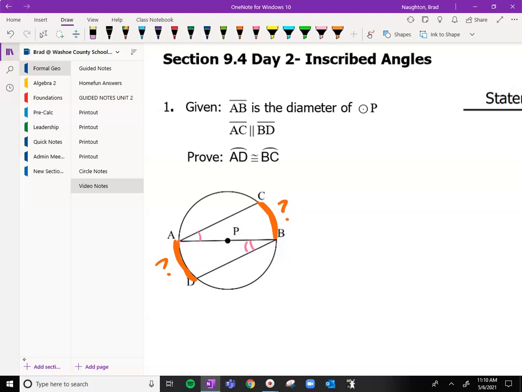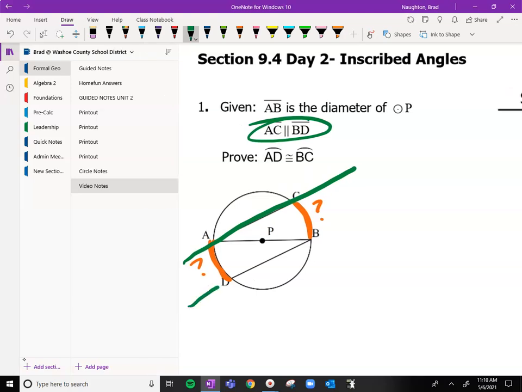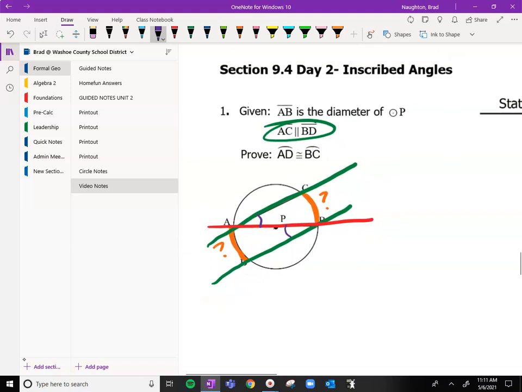And we can do that, so let's show you how. That's using our parallel lines right there. If this is parallel, and this is parallel, and we think of our diameter as our transversal, then this angle right here and this angle right here are going to be alternate interior angles.